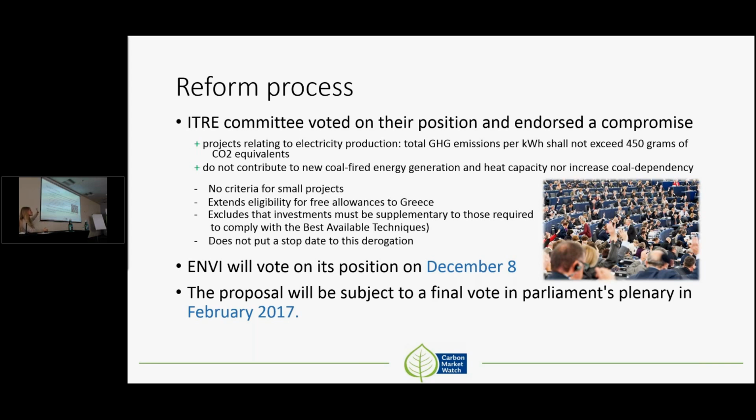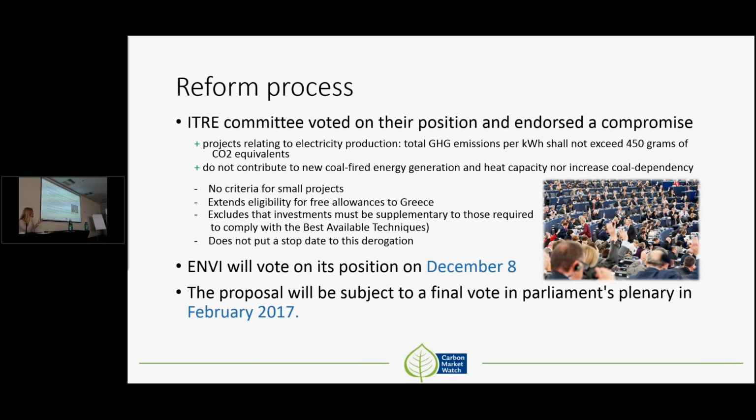They say it does not contribute to new coal-fired energy generation, and that greenhouse gas emissions per kilowatt hour shall not exceed 450 grams of CO2 equivalent, which in theory excludes coal, but the way that project or installation is defined is a bit vague, because it's not clear whether it applies to the whole installation or just the project that is being invested in.